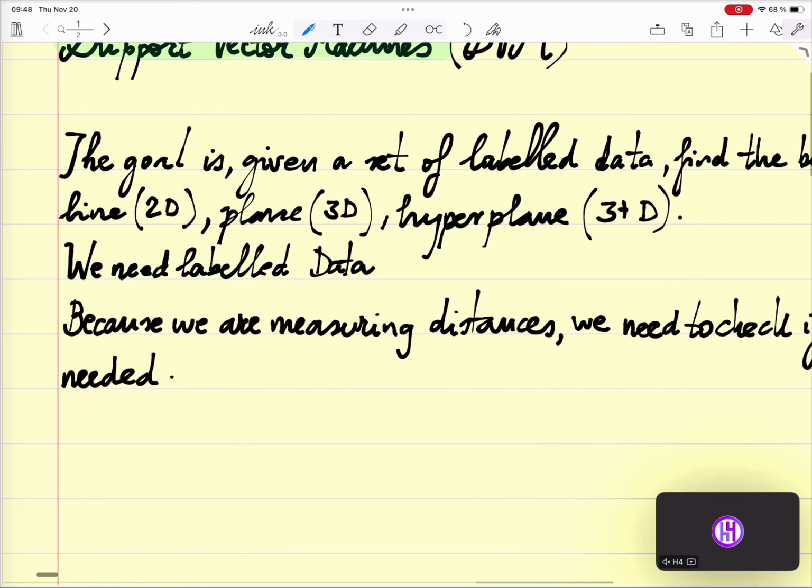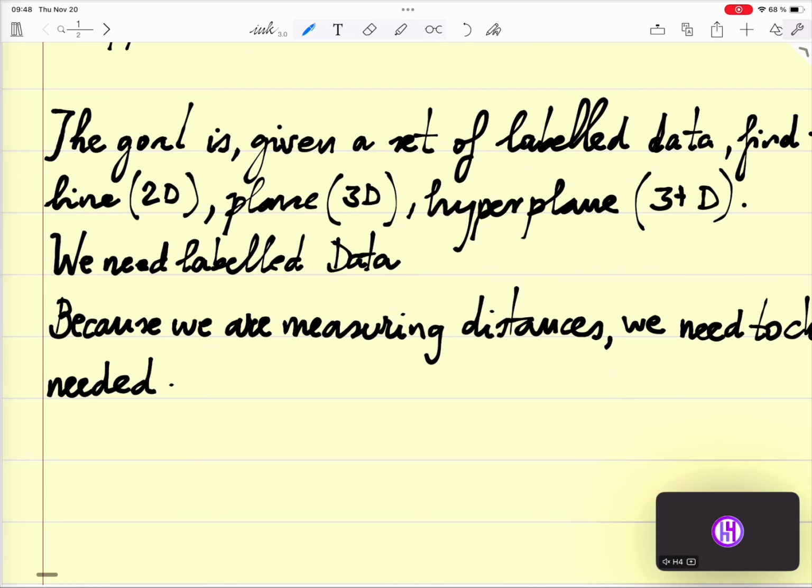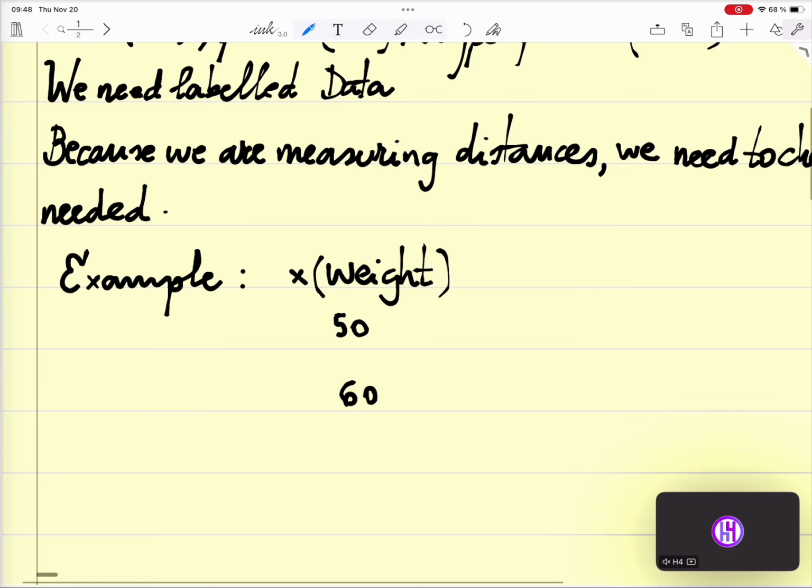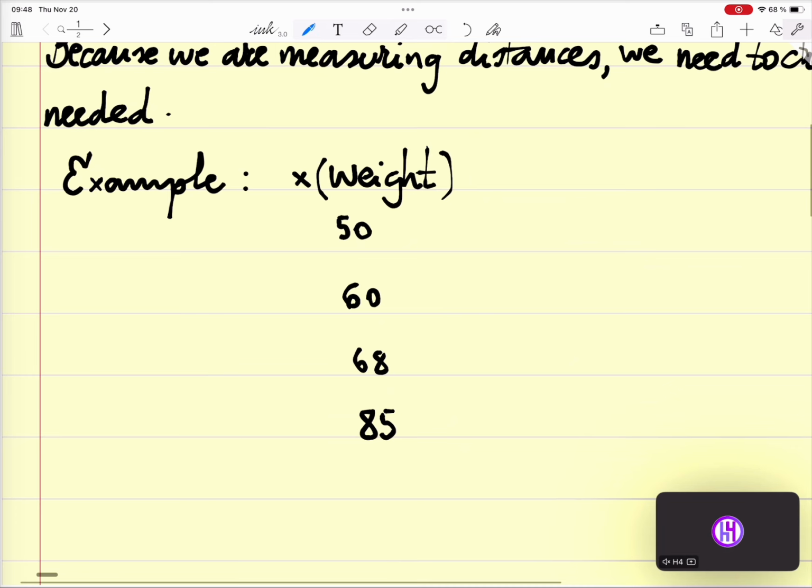So we have an example. Imagine we have some data from 6 people. The variable x is the weight: 50, 60, 68, then 85, 90 and 92 kilos.